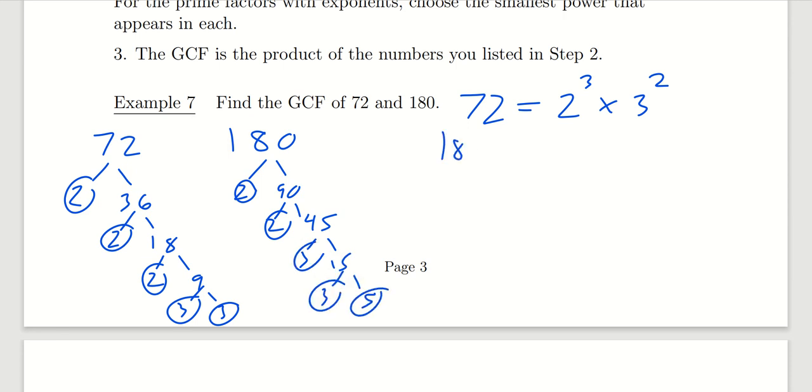So for 180, its prime factorization, we have what? 2 2's. We have 2 3's. And we have 1 5. So let's go ahead now. We're going to use this information to find the GCF. And I'm going to put this in orange.